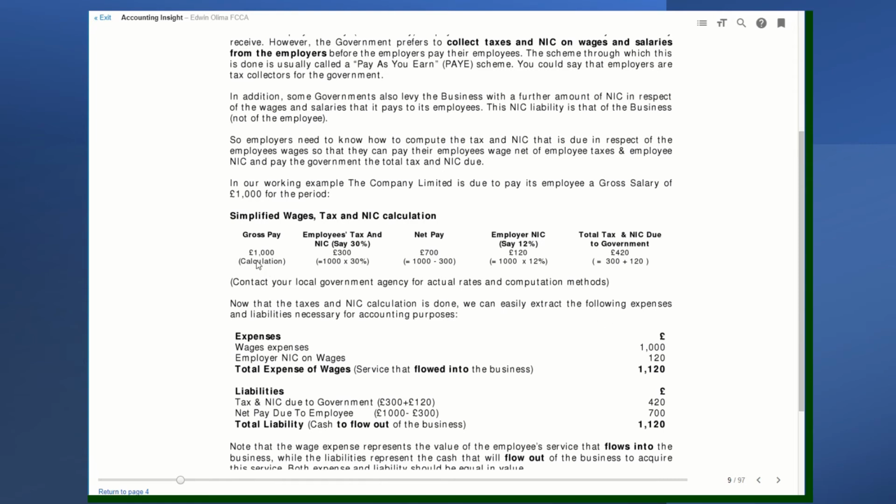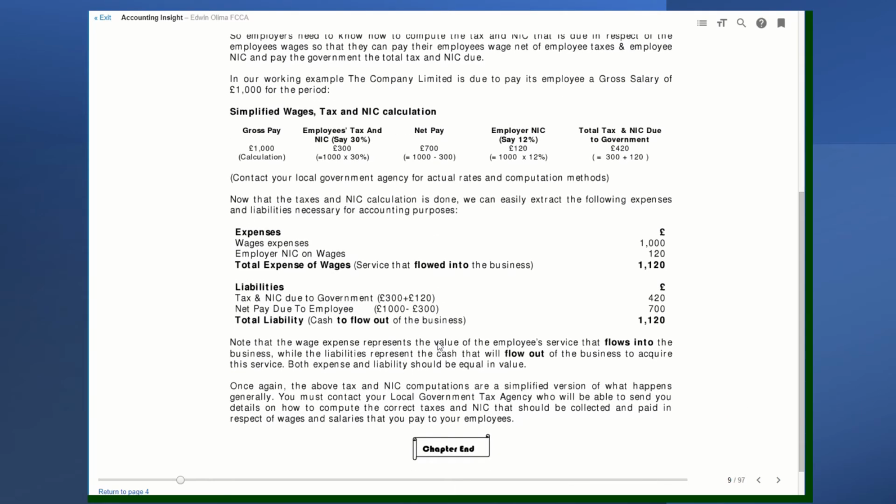Now that we've calculated simplified wages and tax figures, I'll then show you what the accounting entries would be in respect of these.